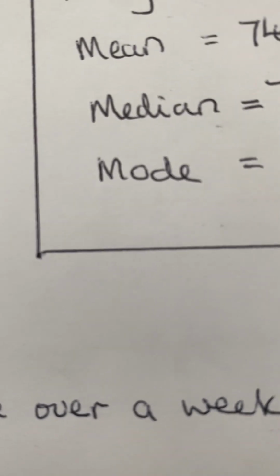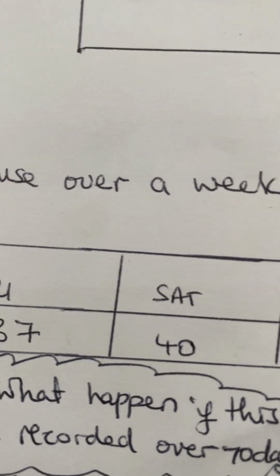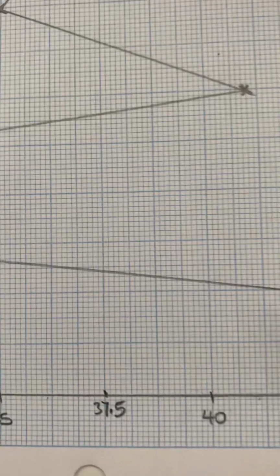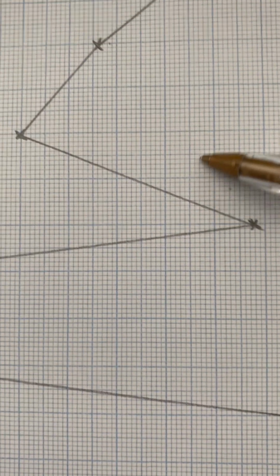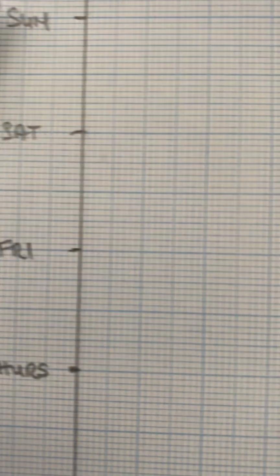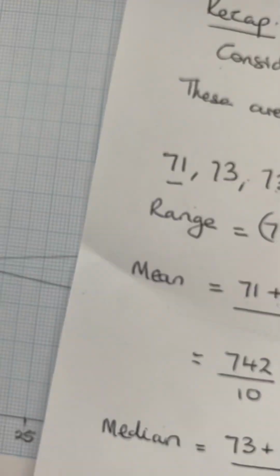Saturday is 40. So again, 40 is easy to locate. So we go up the line there. If you follow, then that's Saturday. So we come back again, that is Saturday. Sunday is 45. So this is 45.